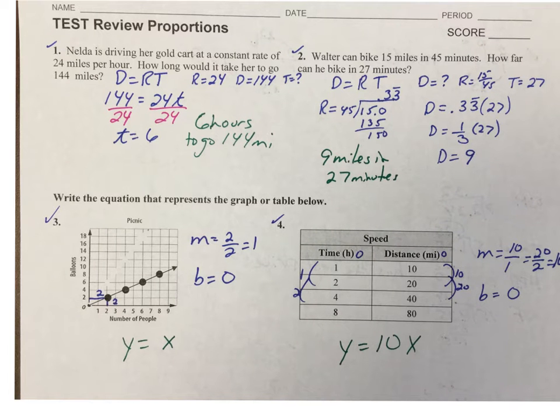Okay, number 1, this is a D equals RT, a dirt problem. So we went ahead and picked out the information from it. Miles per hour is a rate, meaning your speed. So I put that down. And then your next information they give you is 145 miles, which is a distance. And the T is obviously your question mark, so you fill it in.